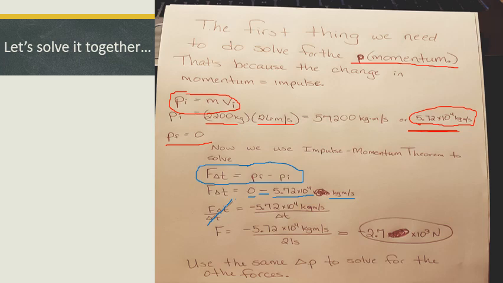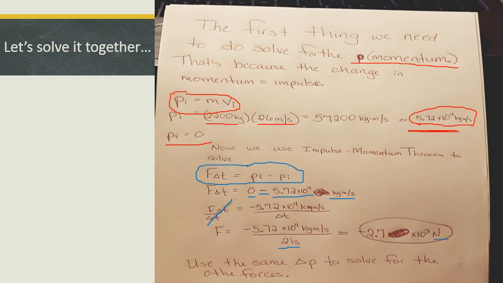Well, for that first gentle braking, our time is 21 seconds. So if you do your math and divide this out, you are going to get negative 2.7 times 10 to the 3rd newtons.